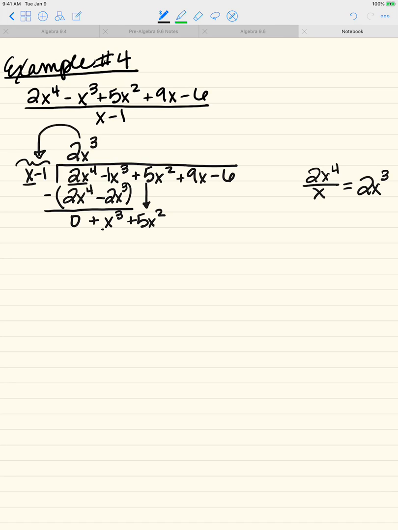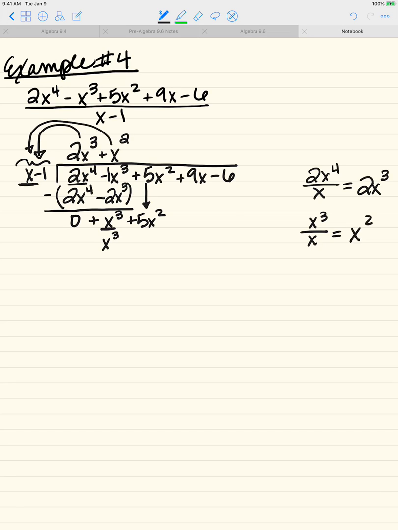Okay, now divide your first term here by the first term in your binomial. X cubed divided by x is x squared. Okay, so here plus x squared, take that x squared, multiply it by x minus 1. Okay, x squared times x is x cubed.